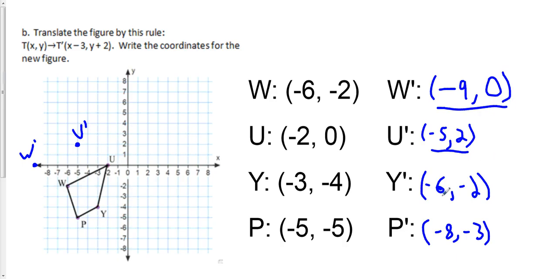So that one is done. If we start from Y and go left 3, 1, 2, 3, up 1, 2, puts us right there, right where W was. And for P, we'd go left 3, 1, 2, 3, and up 2, 1, 2. And that lands us right there. So this would be the new image after our translation.